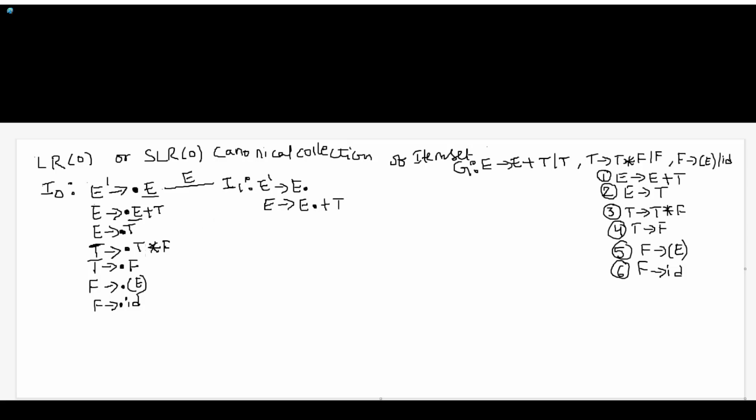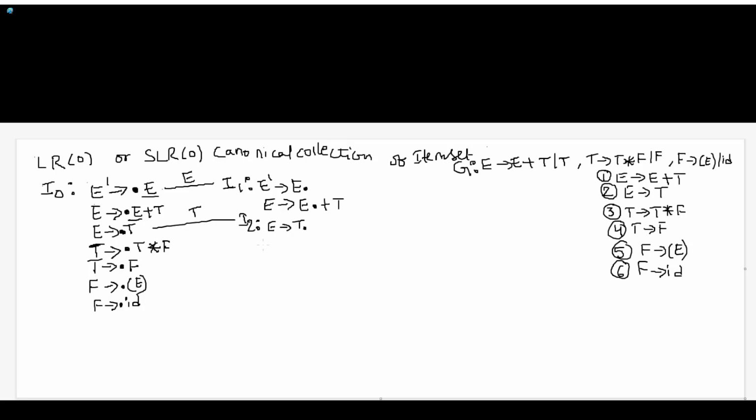Now come to the third rule. What is this one? Again, this is a new symbol. So to shift that, take another new item set, that is I2. Now this will be E derives T dot. Now in the fourth one, this is also the same symbol, right?